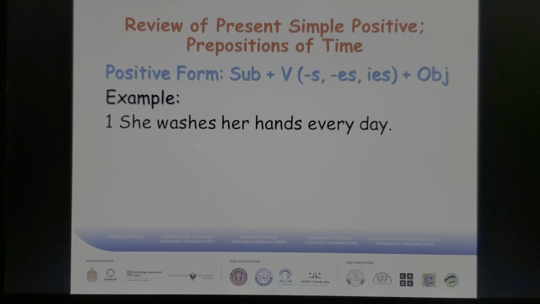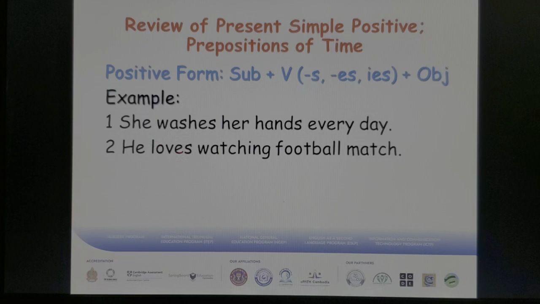Yeah. So you are all good students. You must remember it, right? And one more: he loves watching football matches. The loves here adds s because it is used with he. Okay, subject he, third person singular: he, she, and it.